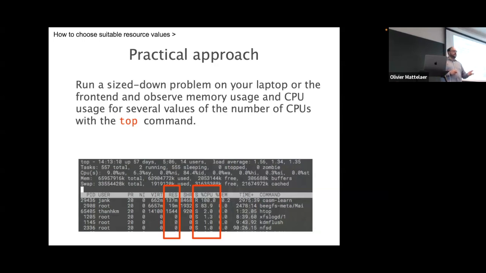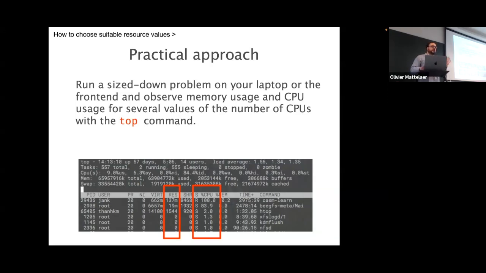So in your submission script, you should request multiple CPUs. With the top command, you can have a look at the job in real time to get an idea of how much memory it's consuming and how close to 100 or above percentage of CPU your program is using.